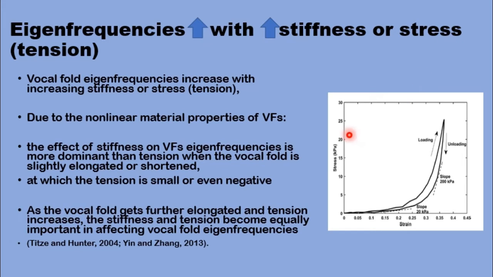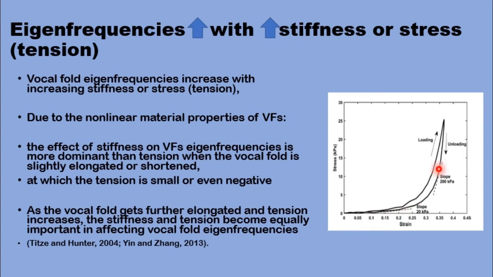This describes the relationship between the stress applied on the vocal fold, the force or tension, and the strain, the amount of elongation of the vocal folds under the influence of the force. You would expect an increase in the length of the vocal folds with the increase in the stress, but this increase is not always linear. In the case of the vocal fold tissues, it's actually non-linear.